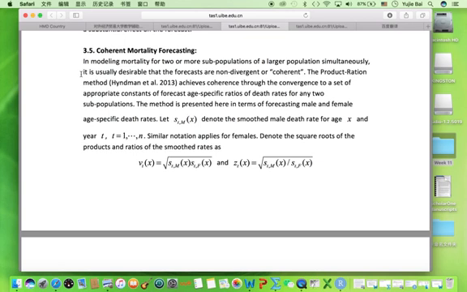To model the mortality rate for two or more subpopulations, there is a problem: the estimated or forecast mortality rates for these subpopulations may be quite different.